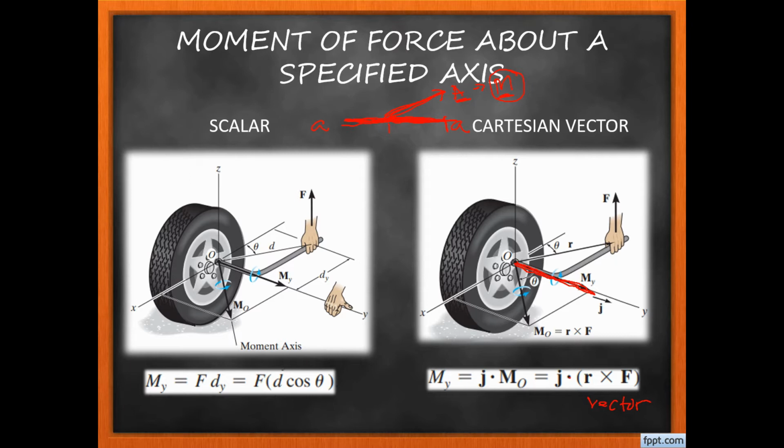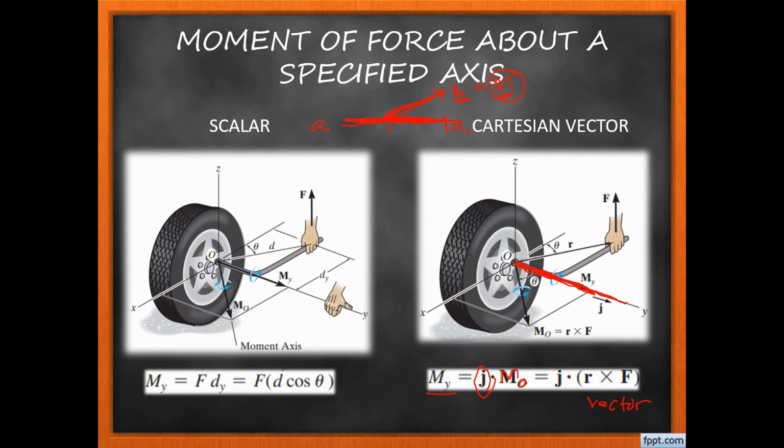That's why possible pala sabihin natin na yung moment along y is equal to the unit vector j, dahil yung line na kukunan natin ng moment is along y, and we know that the unit vector along y is j, dot the moment at point O, which is the r cross F.